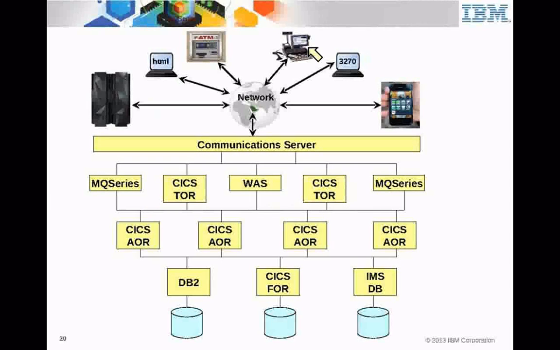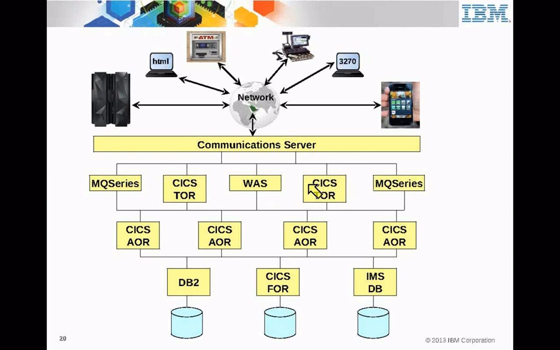HTML, XML, 3270, point of sale devices, other mainframes, automatic teller machines. We'll talk about that. So talk to anything, any intelligent device. But then this communication server can also talk to WebSphere application server. It can also talk to something called MQ series, and we'll talk about that a little bit later today.